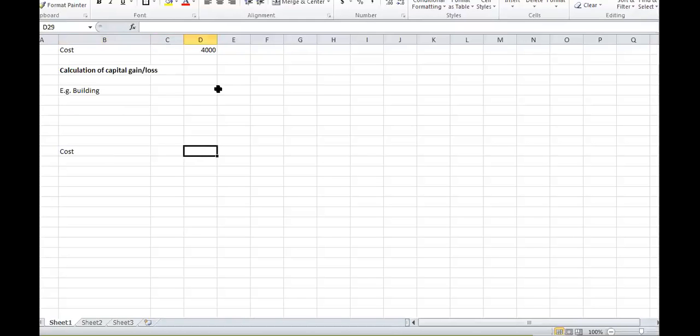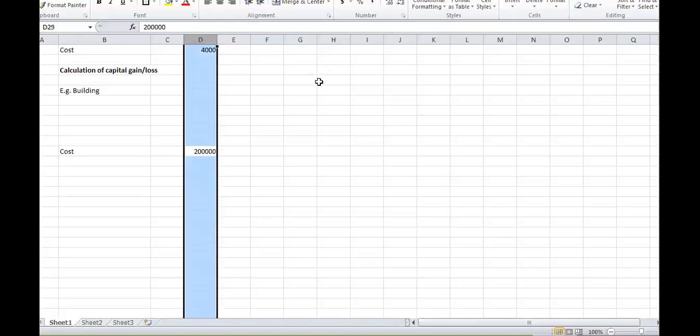So the cost of the building is, say, 2 lakh. So suppose we have purchased a building and the cost of the building is, say, 2 lakh.